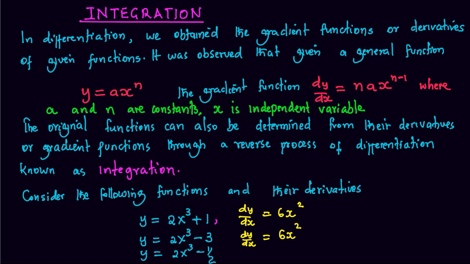And the last case, because derivative of a constant is 0, dy over dx will be equal to 6x squared plus 0. This is equal to 6x squared.